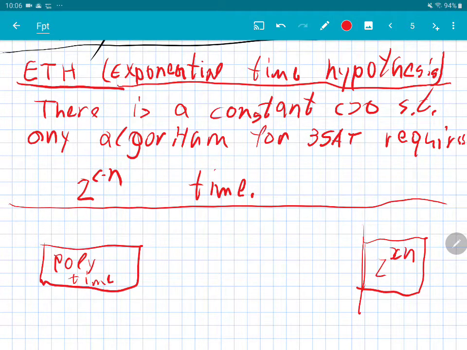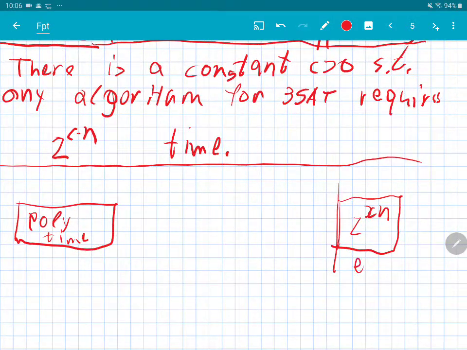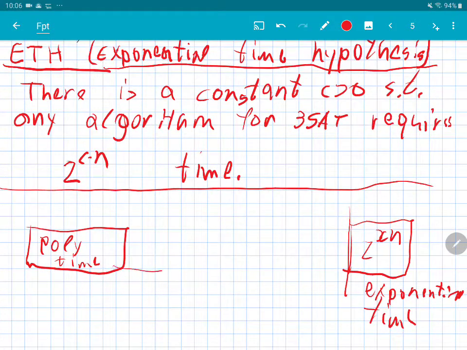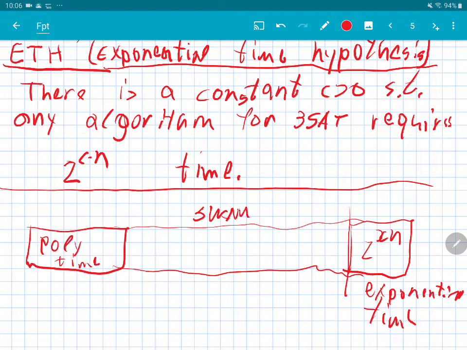This is where essentially exponential time starts. So we have polynomial time, then we have this huge gap, let's call it the swamp, and then we have exponential time.